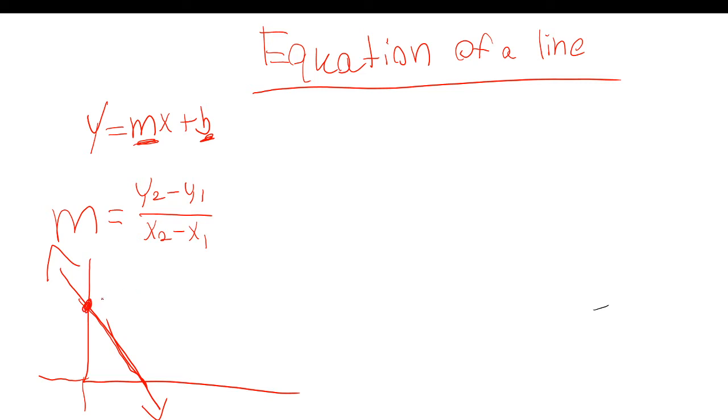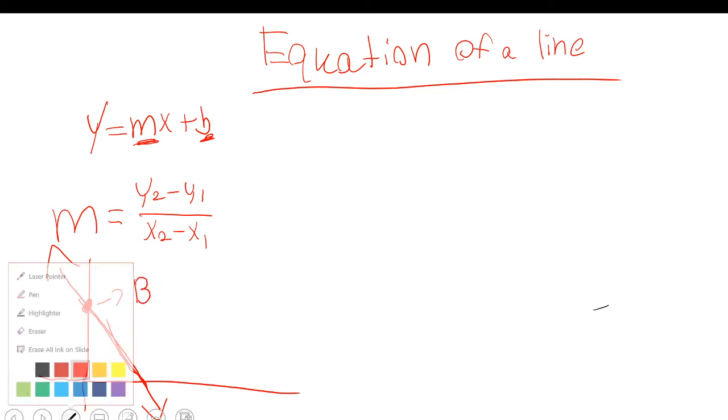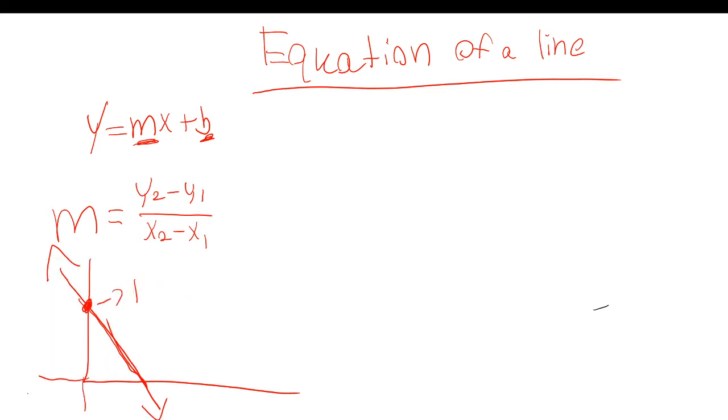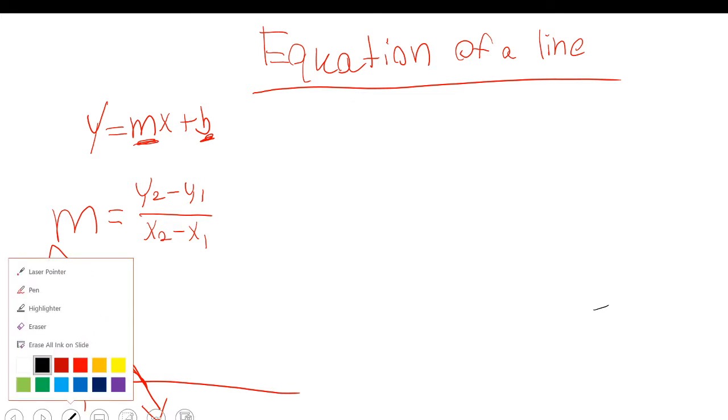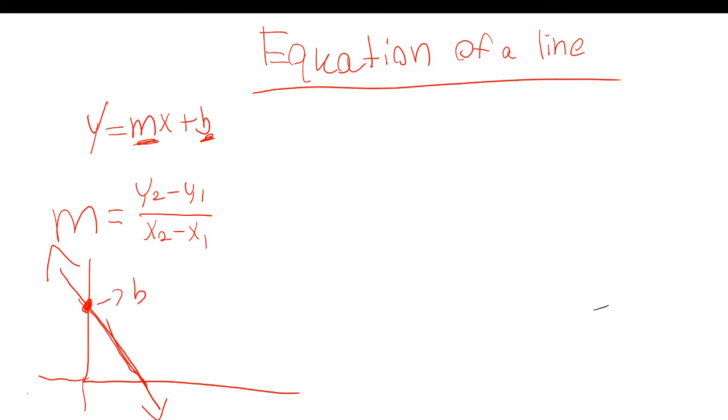This is just b, or it's supposed to be a lowercase b. This point will be in the form (0, b), because all the points that lie on the y-axis have x set equal to 0, since it's right above the origin (0, 0) over here.